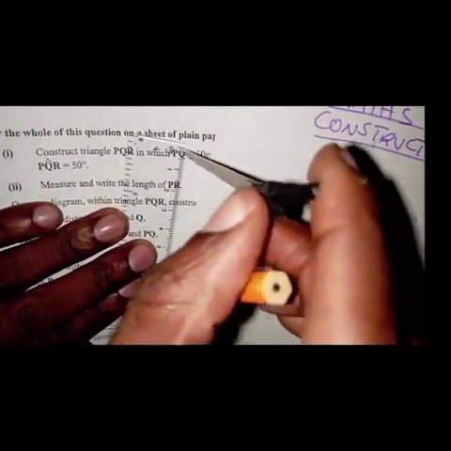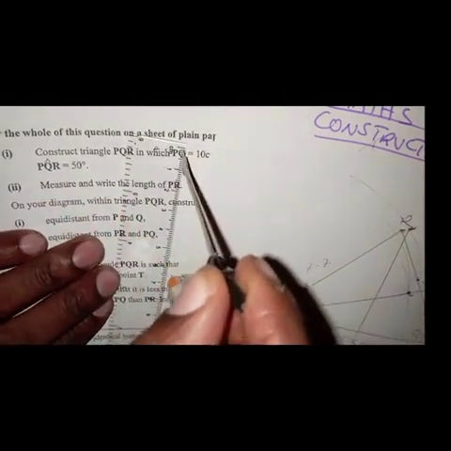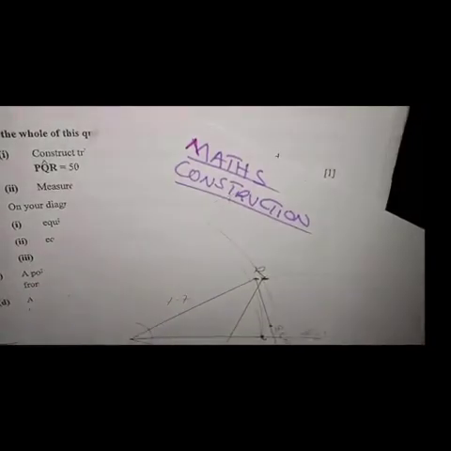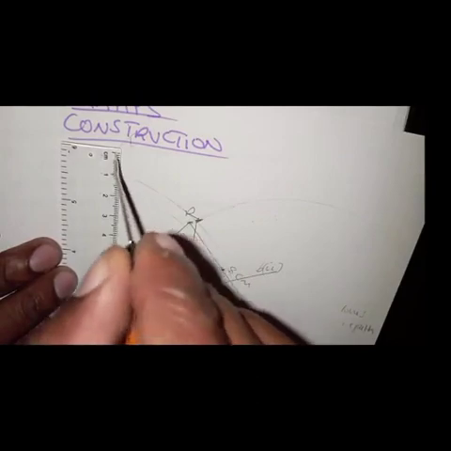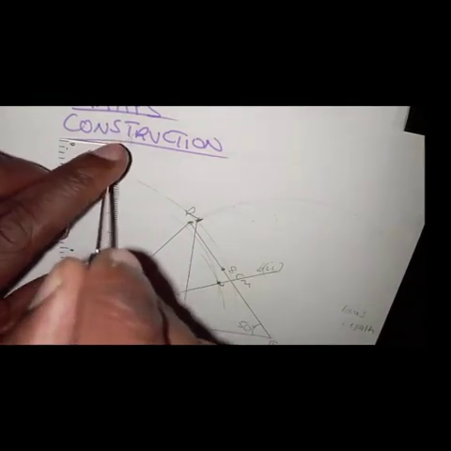So my 5 is here. Let me place it here. This is my 0, then my 5. I lower it.